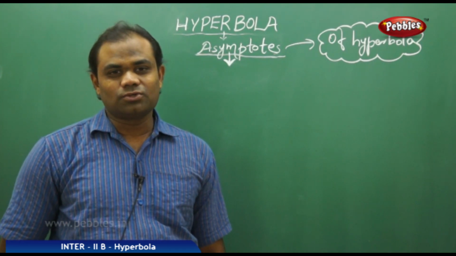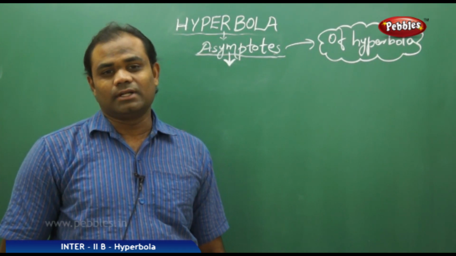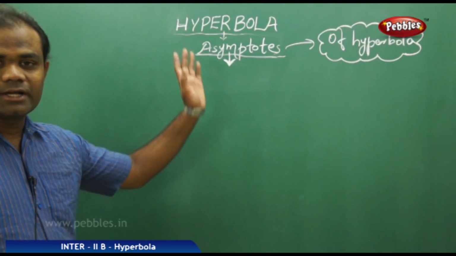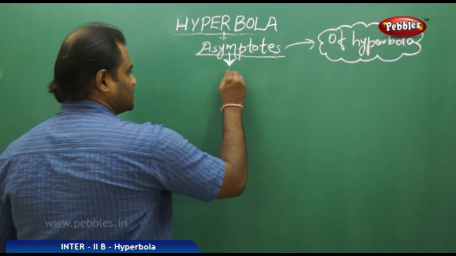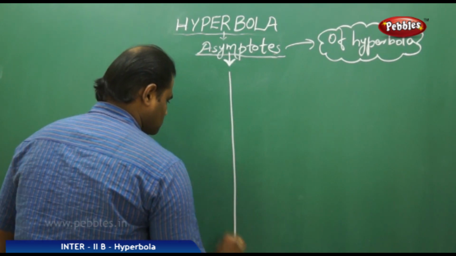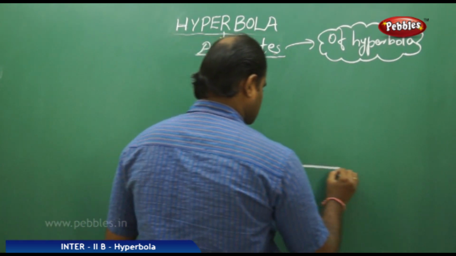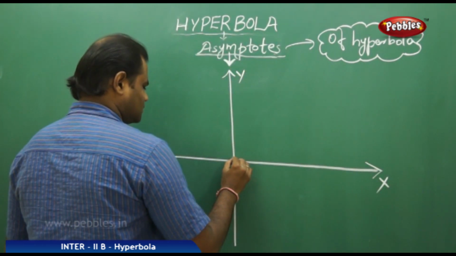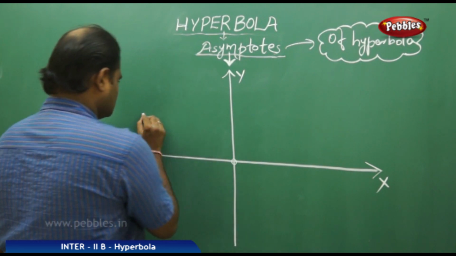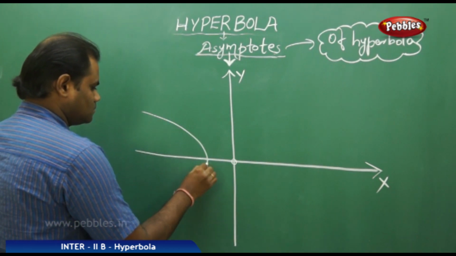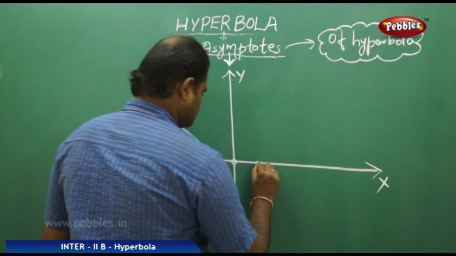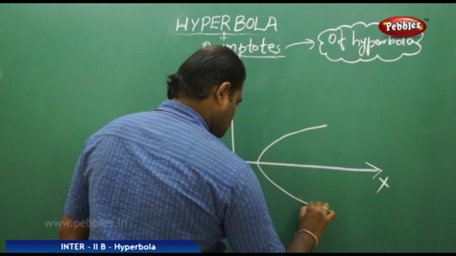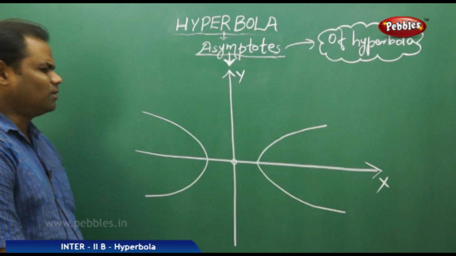Now we see that there are two non-vertical asymptotes for this hyperbola. So let's take the standard form of hyperbola, with the x-axis and y-axis in this form.